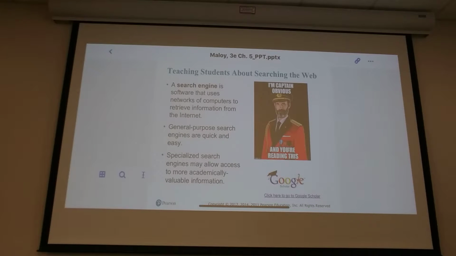If you're not on Google Scholar, what's the first place a search is going to go to? Wikipedia, right? That's the number one thing, because Google ranks hits. When you do a search, Google ranks the hits, and Wikipedia is always on top. We'll talk about that.